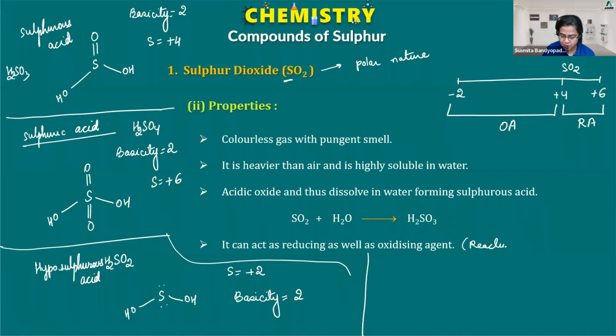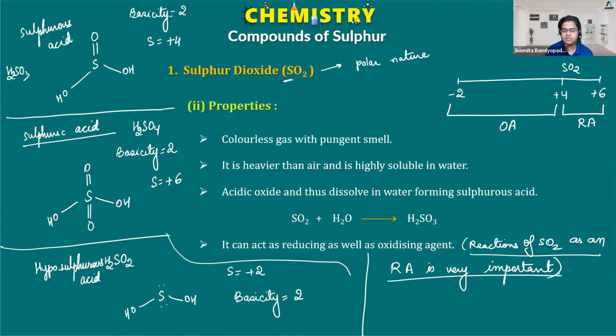Reactions of SO2 as a reducing agent are very important, everyone, because it will conveniently go from plus 4 to plus 6. Plus 6 is very stable, so it gets oxidized very easily, so it acts as a reducing agent.